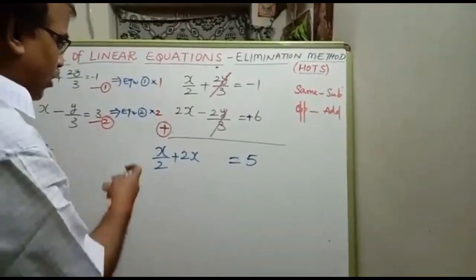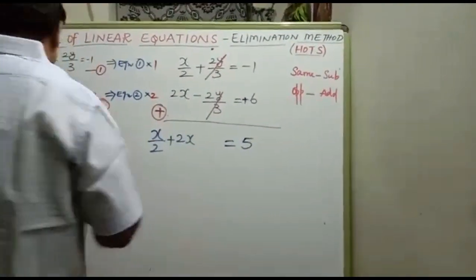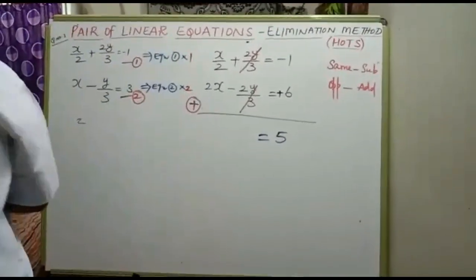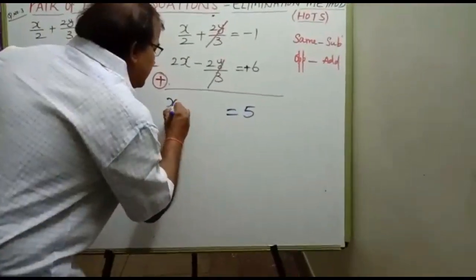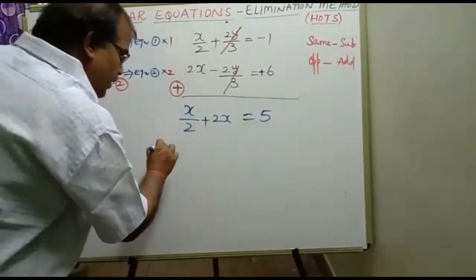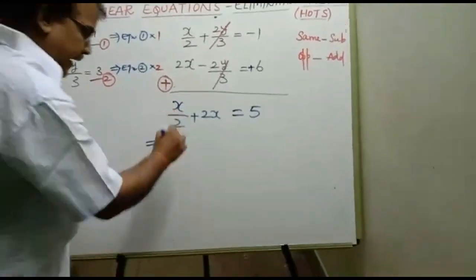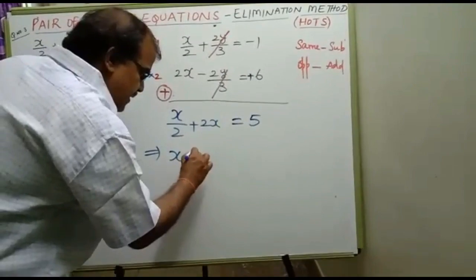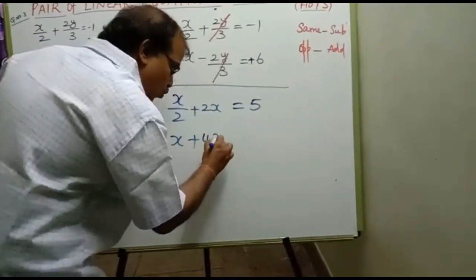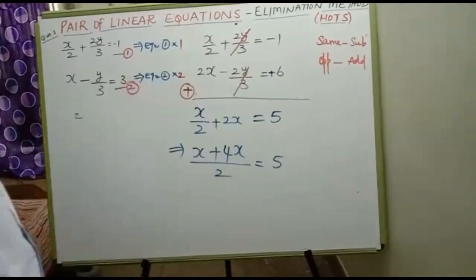We can take the LCM, otherwise you know the shortcut method. So x plus 2 twos are 4x, 4x by 2 is equal to 5.